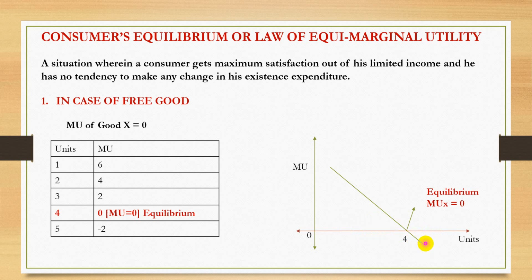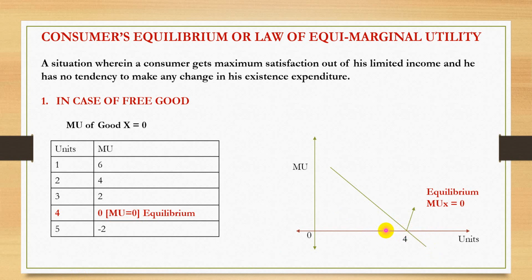Total satisfaction is 6 plus 4 plus 2 plus 0, which is 12. Now if you consume the 5th, then 12 minus 2, because on the 5th unit satisfaction is minus 2, it becomes 10. So the consumer is the loser.